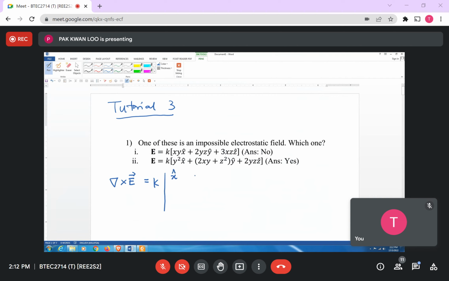What I'm saying is electrostatic field. I'm not saying about other electric fields. So the keyword here is electrostatic. For electrostatic, the curl of E must be equal to 0. So we are testing this value here.